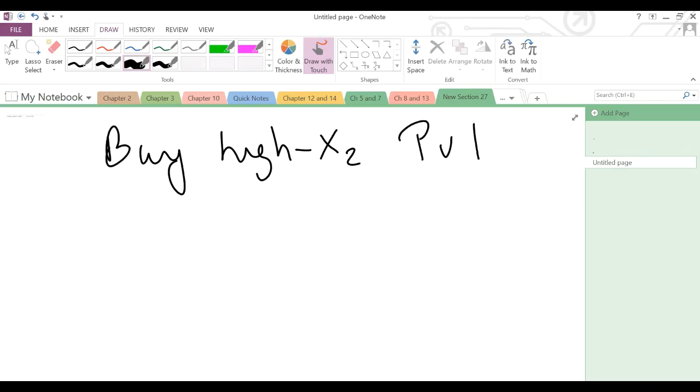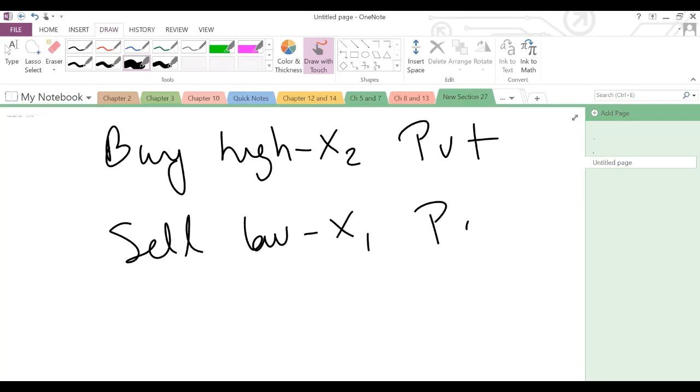Put, and then we are selling the low strike. Let's call this X1 put. Because this put has strike 2, we're going to call it put 2 or P2. And because this one has the strike X1, we're going to call it put 1 or P1.